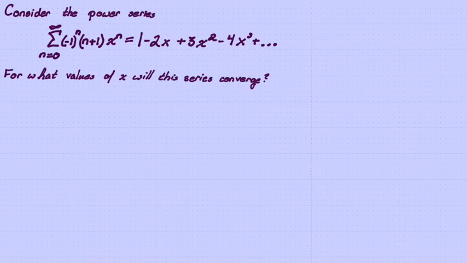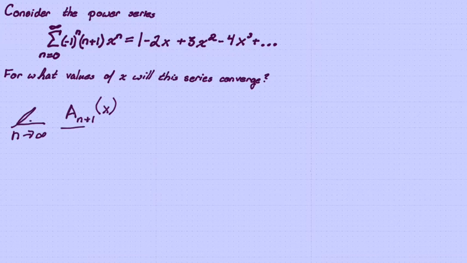So what do we do here? Well, it may surprise you, but we're going to do the ratio test. I am not creative. We're going to look at the limit as n goes to infinity of the a sub n plus 1. Now in this case, they're functions of x.